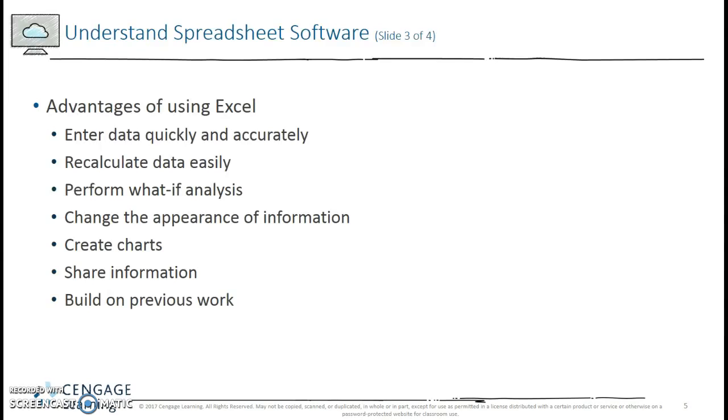So some of the advantages of using Excel is you can enter data quickly. You can recalculate quickly. You can do what-if analysis. You can change the appearance of the information. You can create charts. You can share information. You can continue to build on previous work.